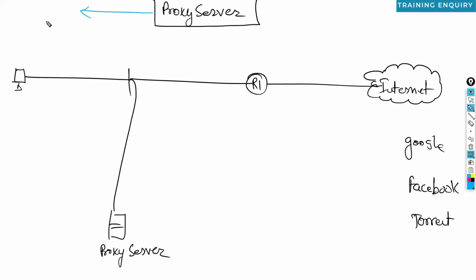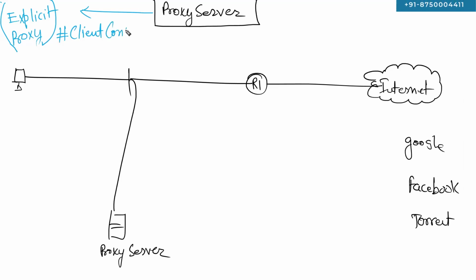The first method of proxy deployment is explicit proxy. So you can deploy the proxy server in explicit proxy mode. This mode requires client configuration. You need to do client configuration.